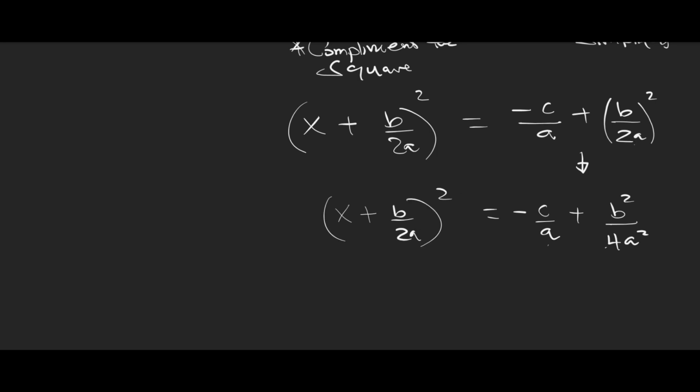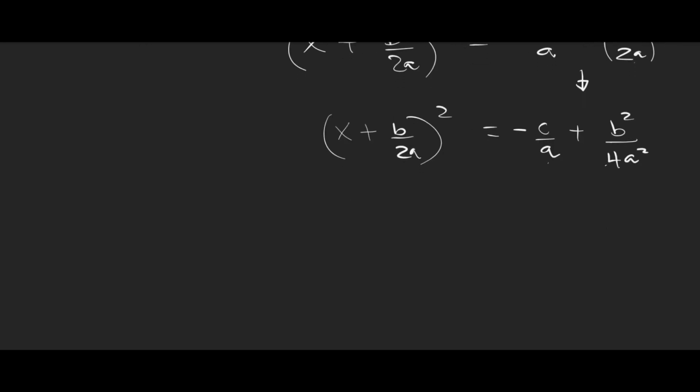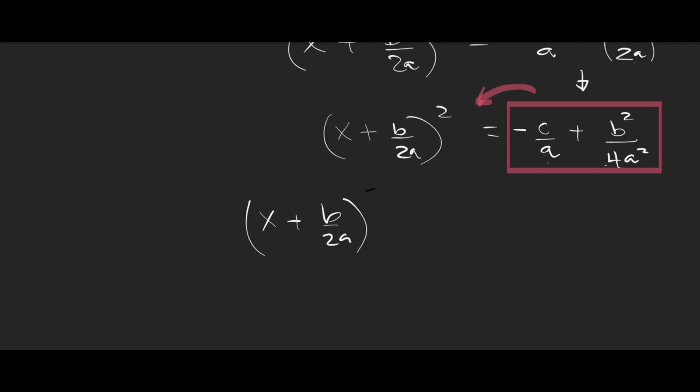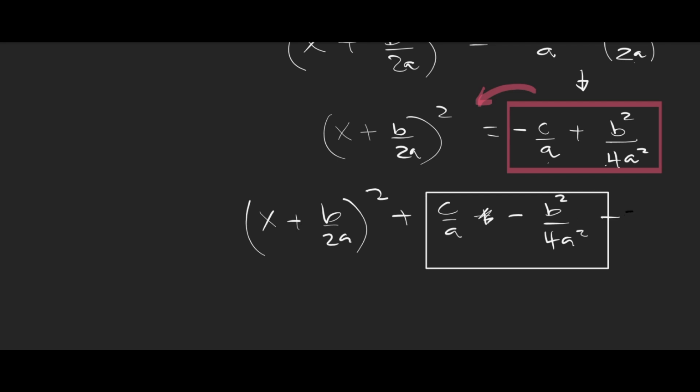Whatever this equation represents, this chunk here is a constant, and you can bring this chunk back to this side so that your equation can read something like this: x plus b over 2a squared, then plus c over a minus b squared all over 4a squared. It might look difficult, but when you do the maths, this will be simplifiable.